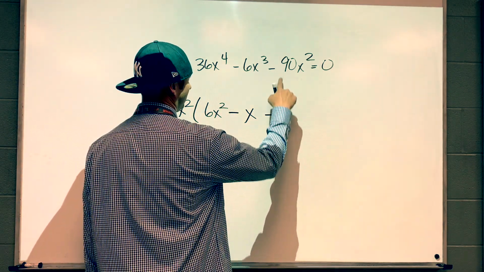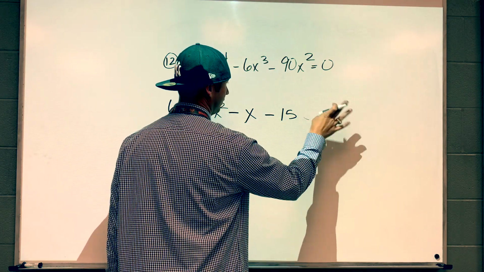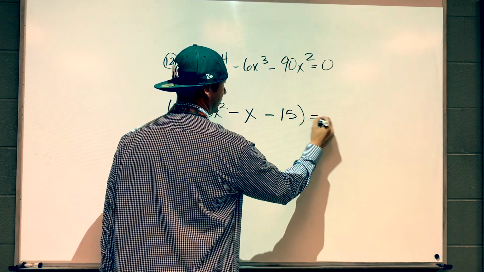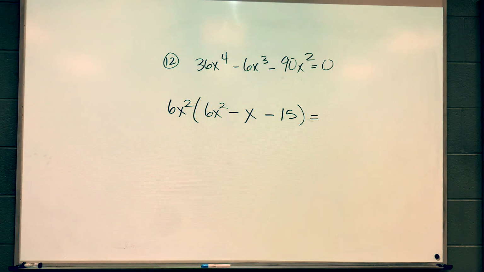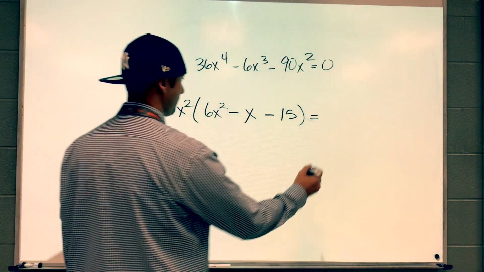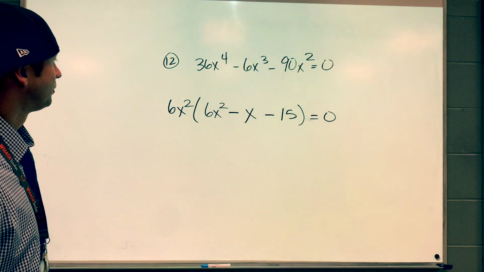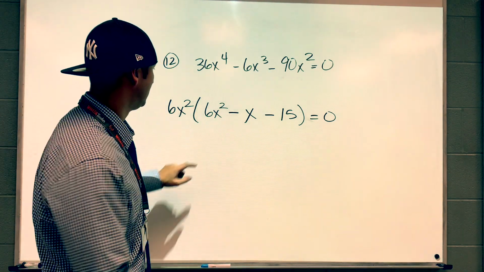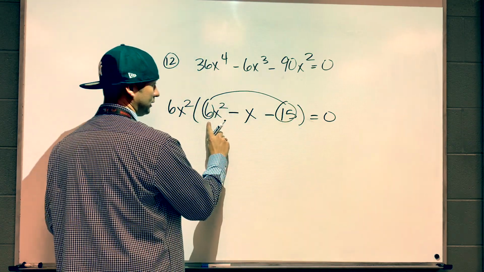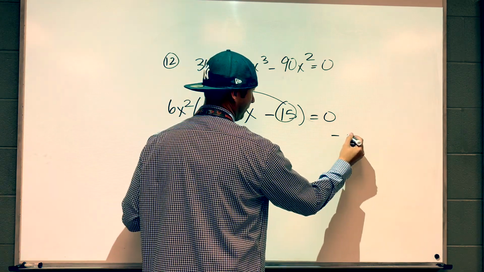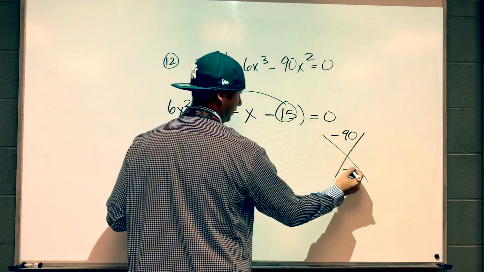Minus 15, right, because 6x times 15 gives me 90. Equals 0. Can't do anything here, so again, AC method. Multiply these two numbers. So 6 times 15, negative 90. Negative 1.